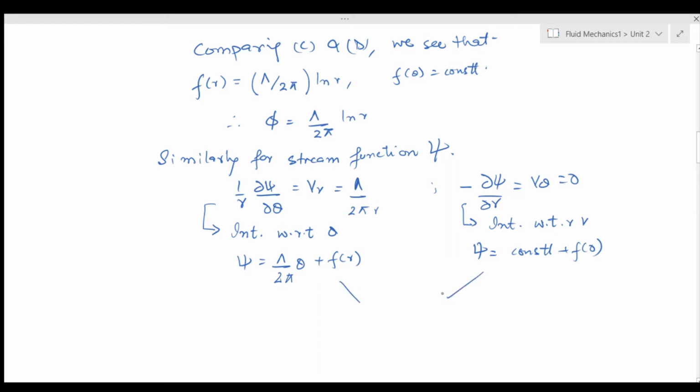From these two you can get your psi equal to lambda by 2 pi theta. Now just look at these, and you would see that your phi and psi are orthogonal functions.